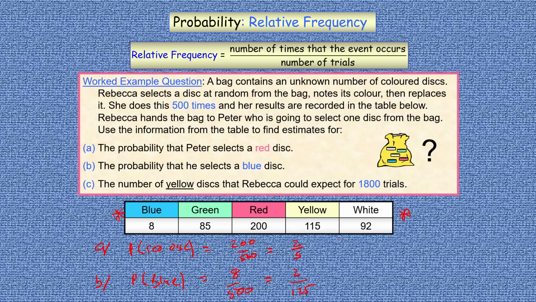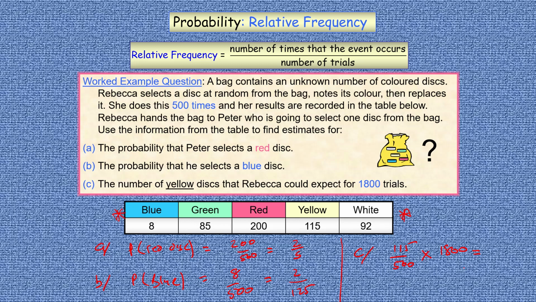And then part C is slightly different. For part C, the number of yellow discs Rebecca would expect for 1,800 trials. So the probability of yellow in the first instance is 115 out of 500. But how many yellow discs would she get? We've got our probability, so we've got to multiply that by 1,800.